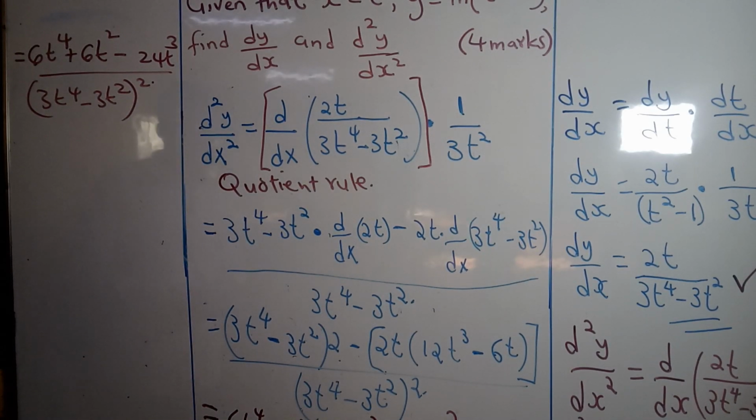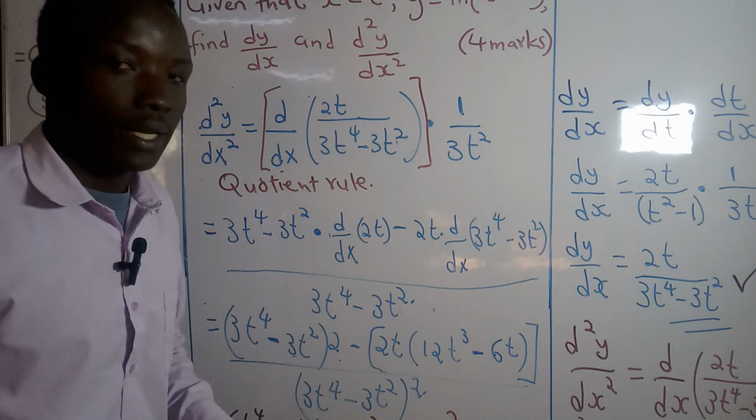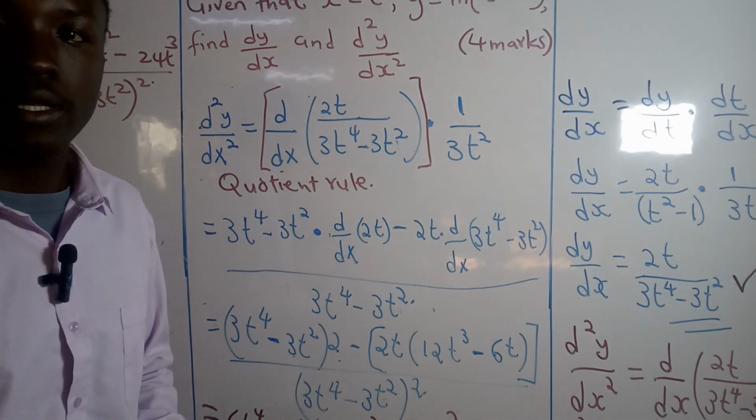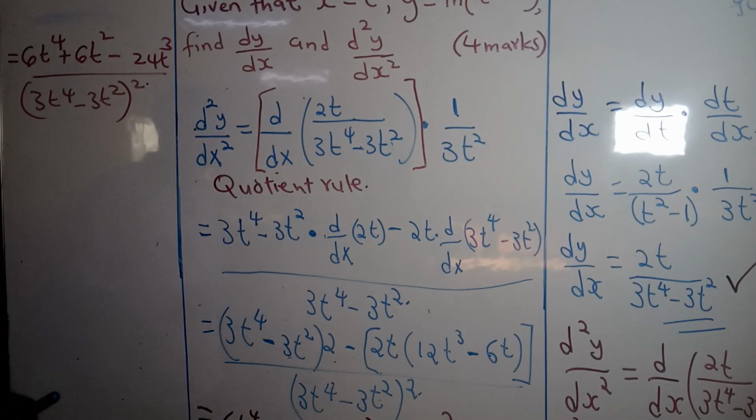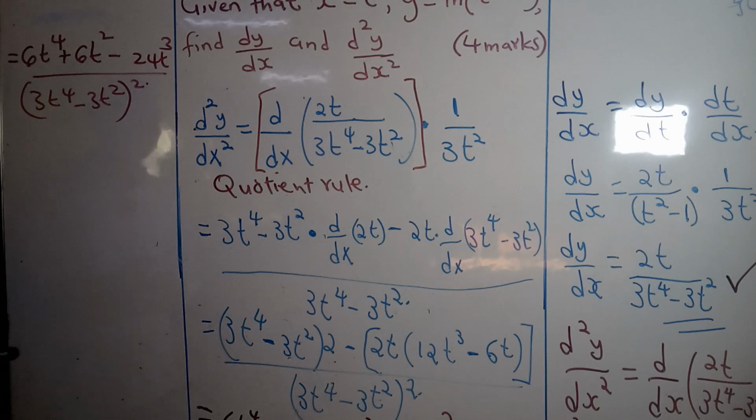So by reaching there, we have already found the d over dx of 2t over 3t to the power 4 minus 3t squared. So we have already determined the d over dx of this one. It is equivalent to this one.